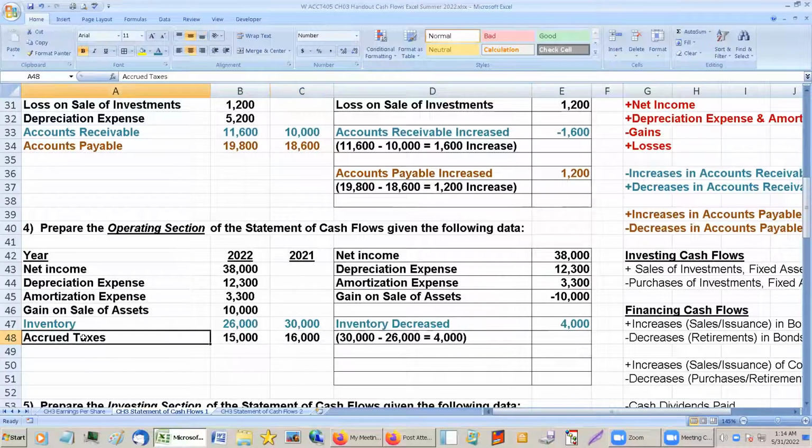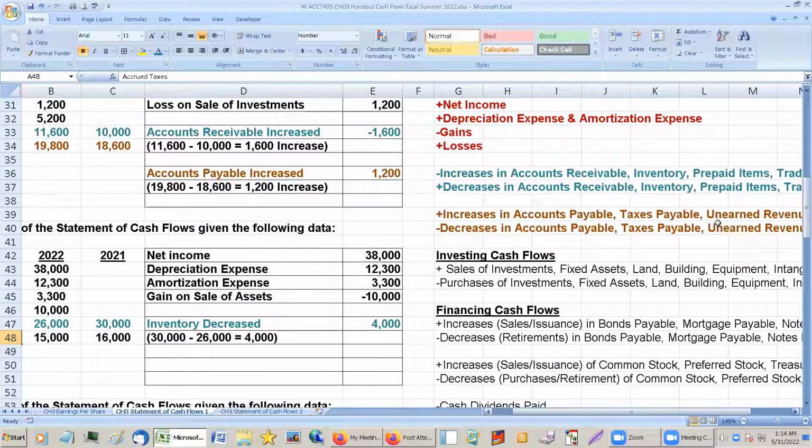Accrued taxes, accrued expenses, those are all liabilities.